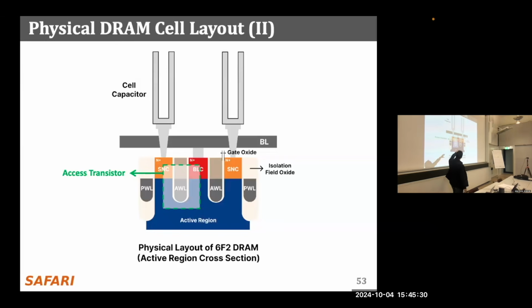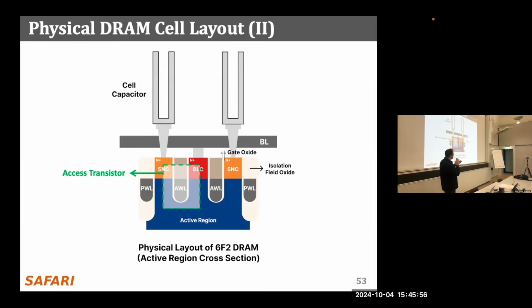And this is your bit line contact, and you have the bit line over there. This is your bit line connection, this is your DRAM cell, and this forms an access transistor here. And this AWL is the word line over there.